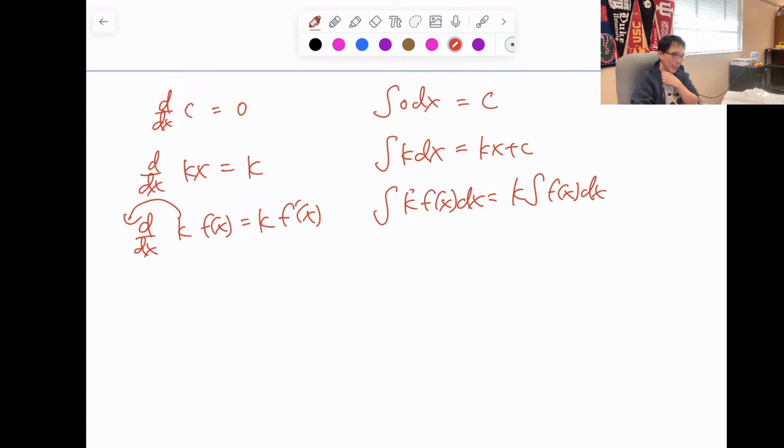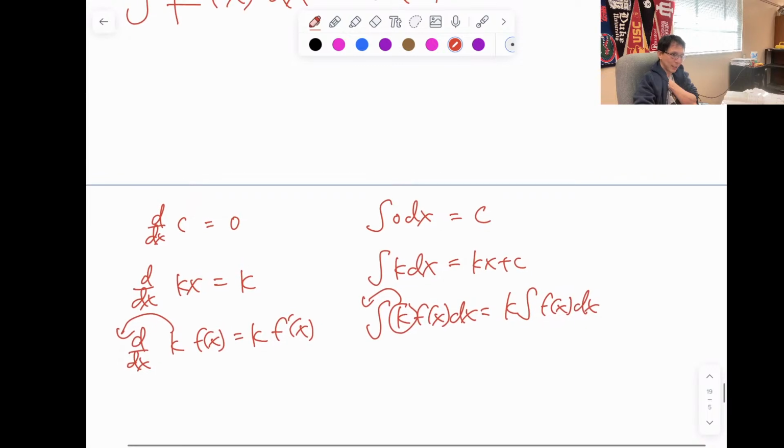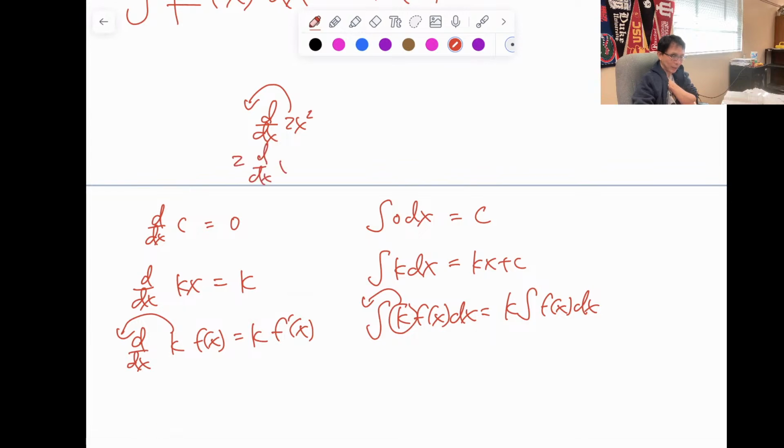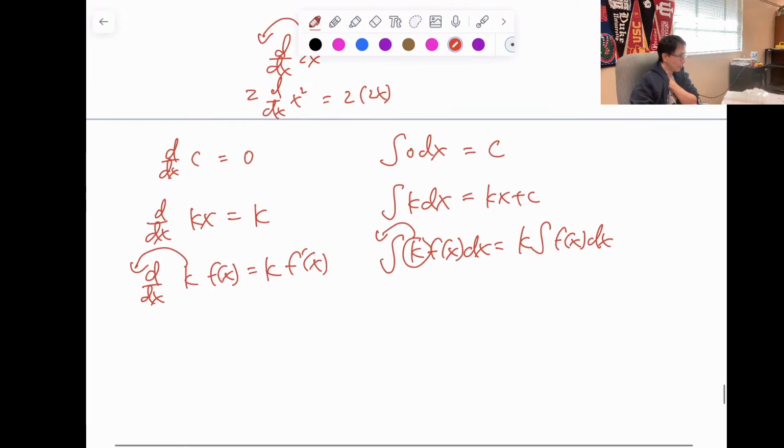The k is a constant that can be taken outside. Just like when you take the derivative of 2x squared, you can take the 2 outside and just focus on the x squared, and that's equal to 2 times 2x. Does that make sense? When you integrate, it's going to be the same way.